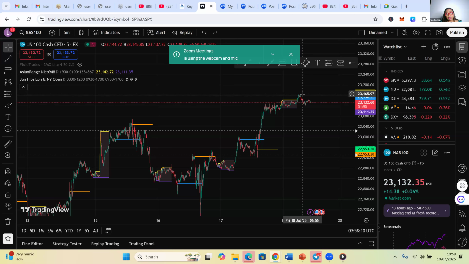But if you're going to do 1-to-4, 50 times 4 will be 200. So you are going to add 200 to this. So 23,165 plus 200 will be 23,365. Then for the stop loss, he always advises that we just do 1-to-1, which is 50 pips as stop loss.